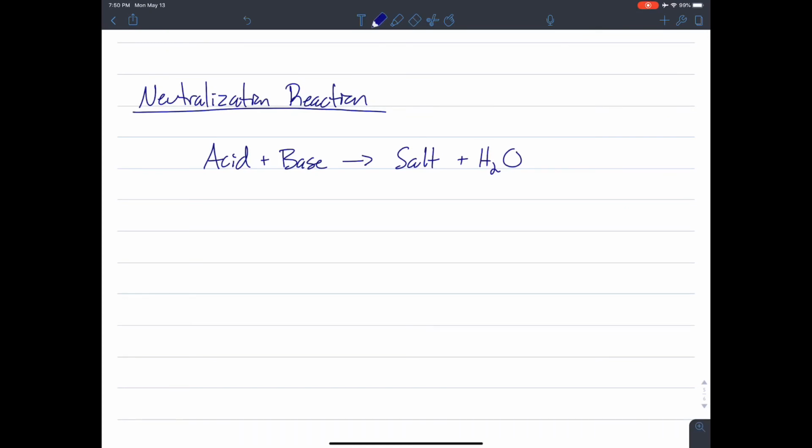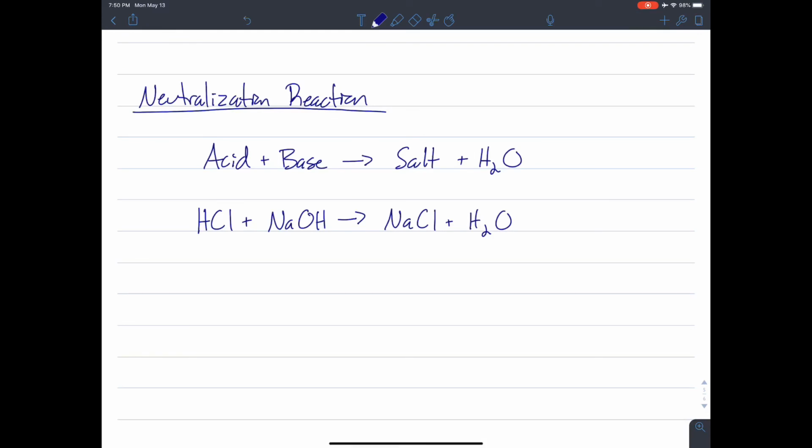An example of this would be if we took hydrochloric acid, HCl, and reacted it with NaOH, sodium hydroxide, a base. That's going to create NaCl plus H2O. So it's sort of like a double replacement reaction, kind of.